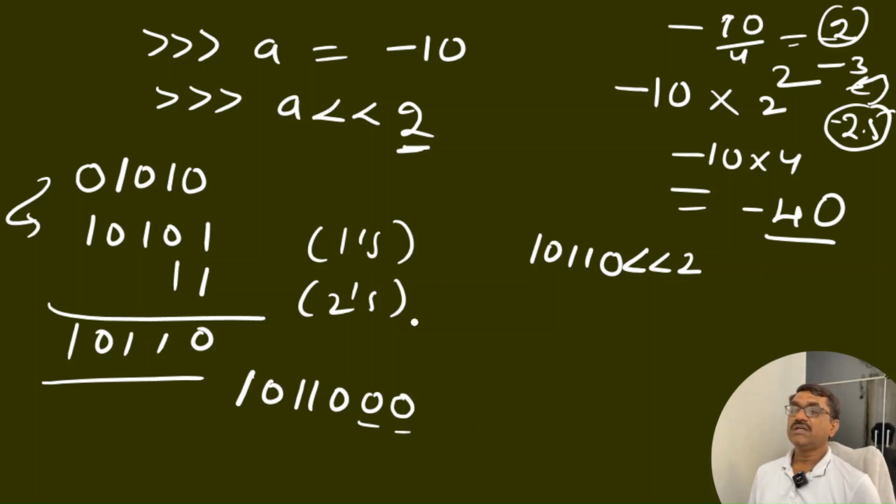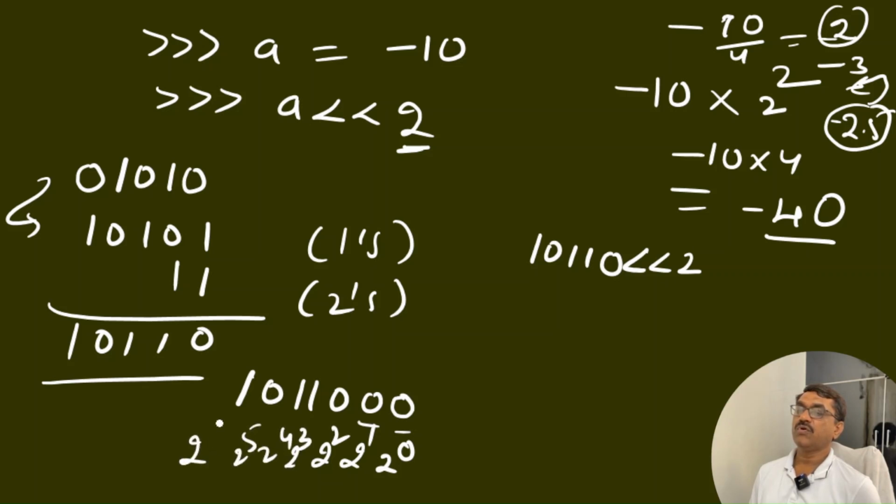Now to get the decimal equivalent, what we are going to do? 2 to the power of 0, 2 to the power of 1, 2 to the power of 2, 2 to the power of 3, 2 to the power of 4, 2 to the power of 5, and 2 to the power of 6. The leftmost bit, as I said, indicates the negative number. Means we are going to get the positional weight as minus 2 to the power of 6.